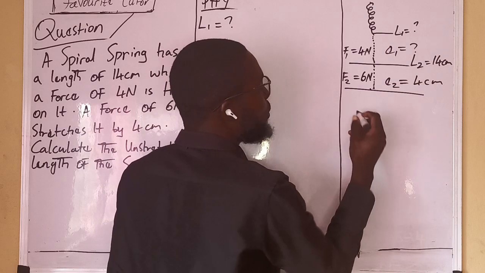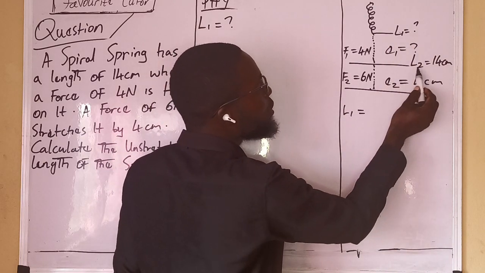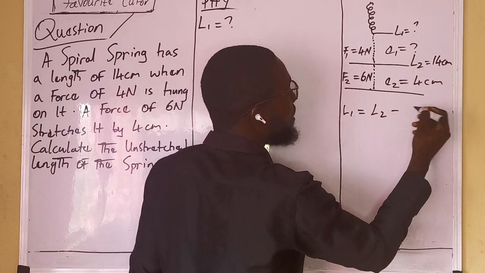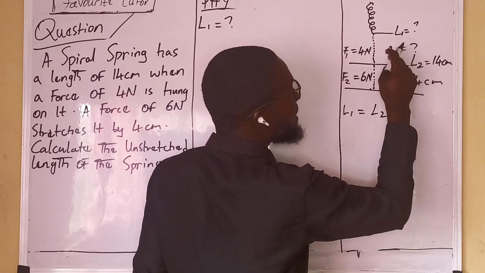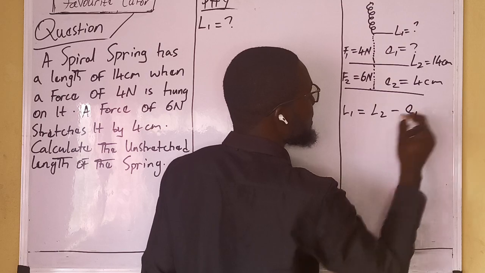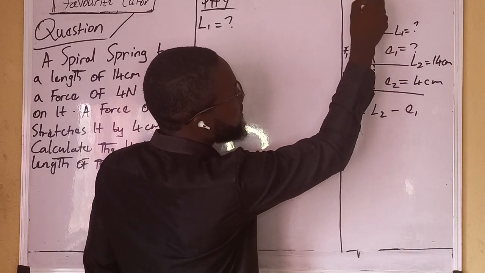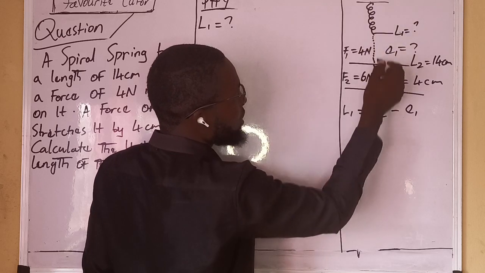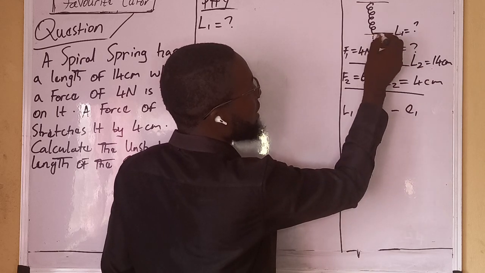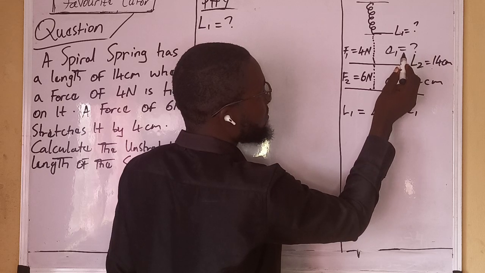Now for us to get L1, we need to subtract extension 1 from L2. L2 minus extension 1. Because from this place to this place is length 2, while from here to here is extension 1.